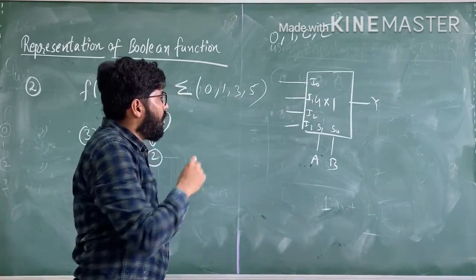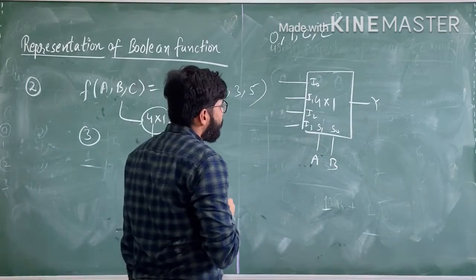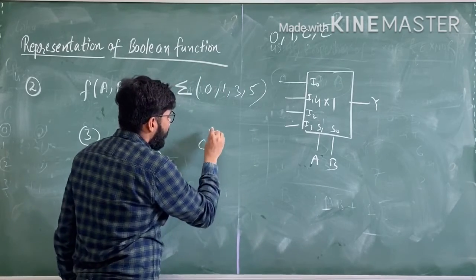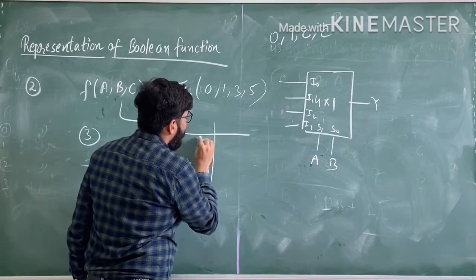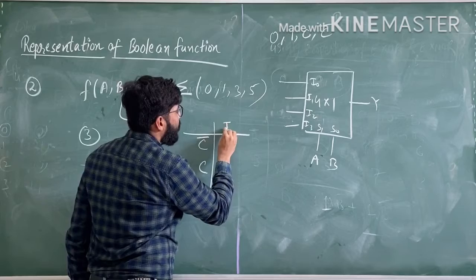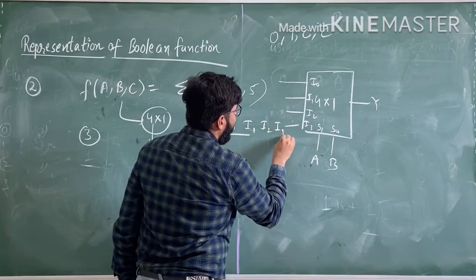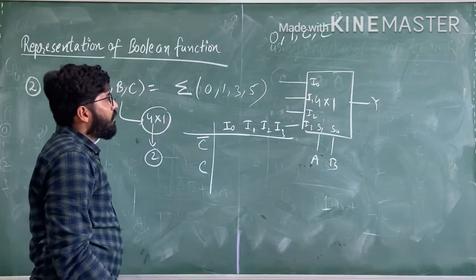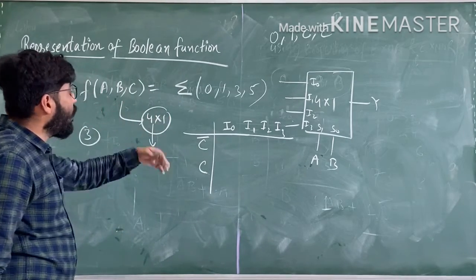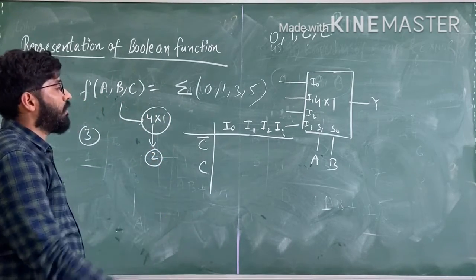Okay. So how? Suppose you have to draw a table here with C complement and C, and here you have to write I0, I1, I2 and I3. Now, in which position does C complement come?